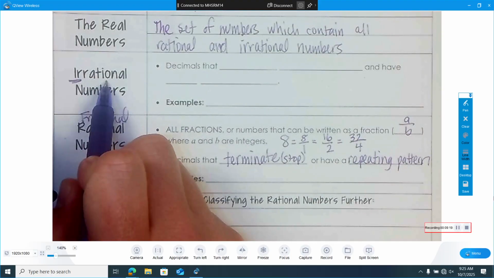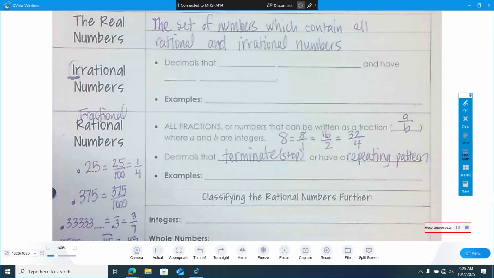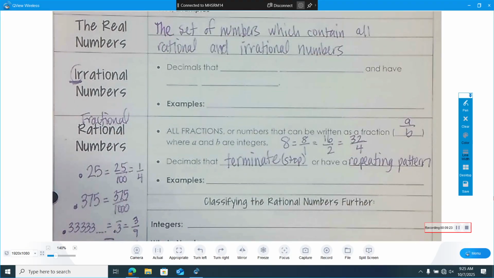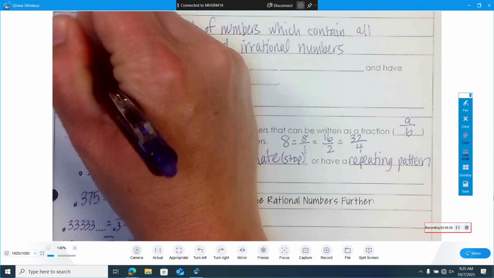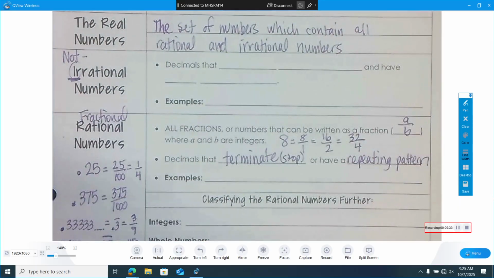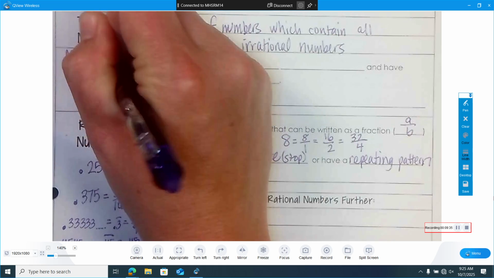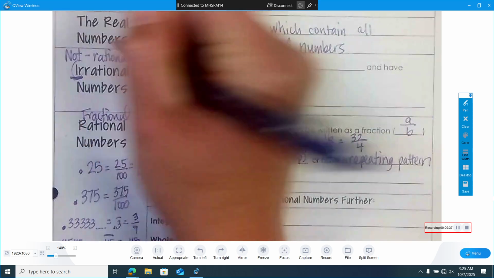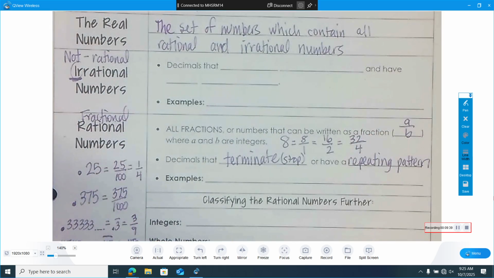So irrational. What do you suppose ir means when we have a word like irresponsible? Not. Very good. That is exactly what that means. Ir means not rational. So now that you know ir means not, what are irrational numbers?